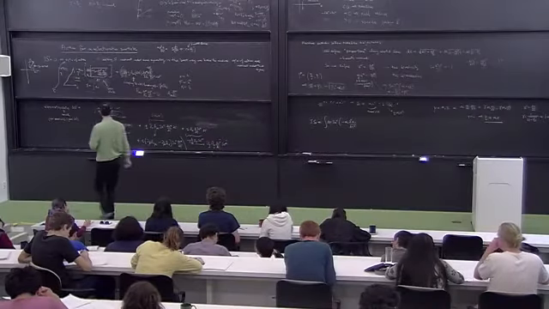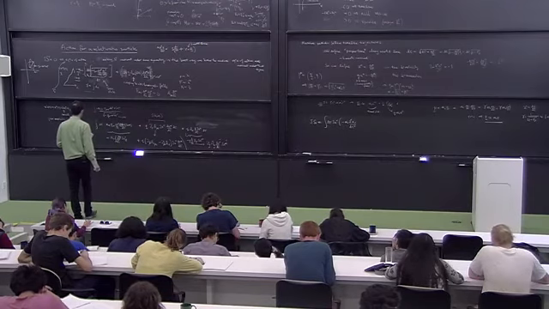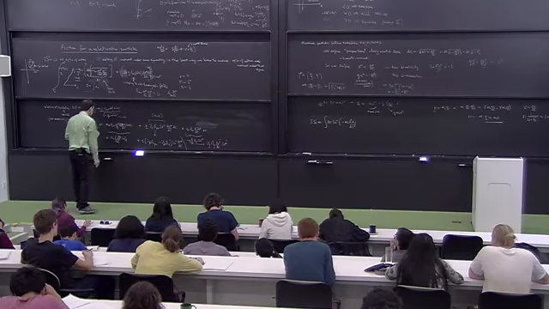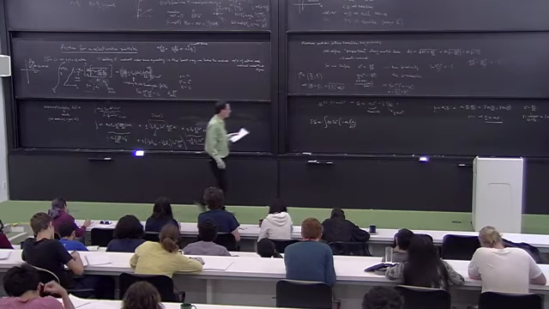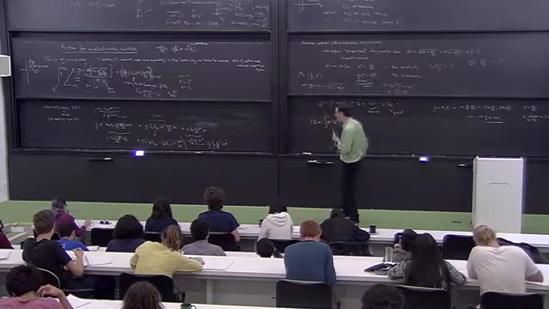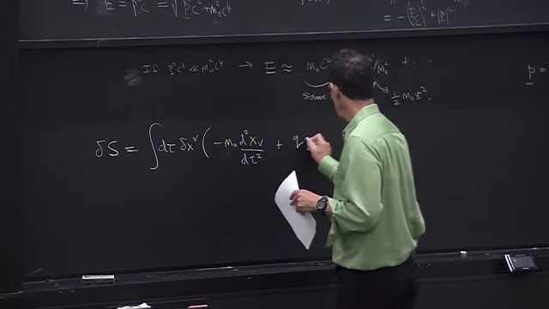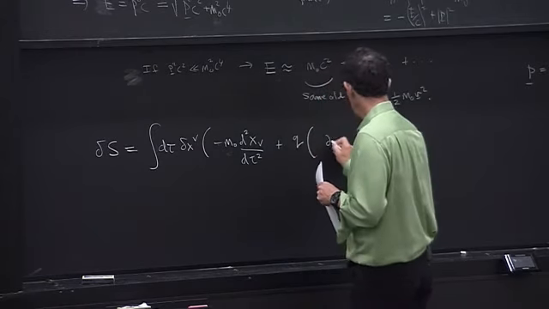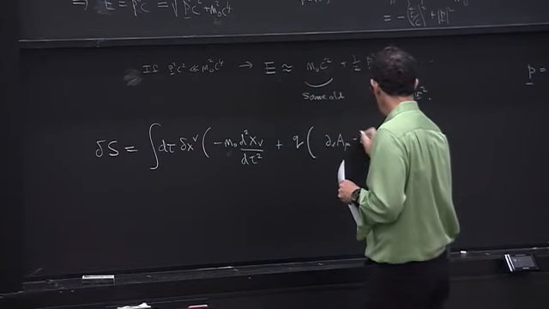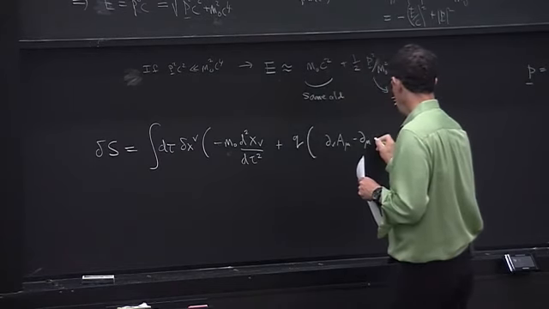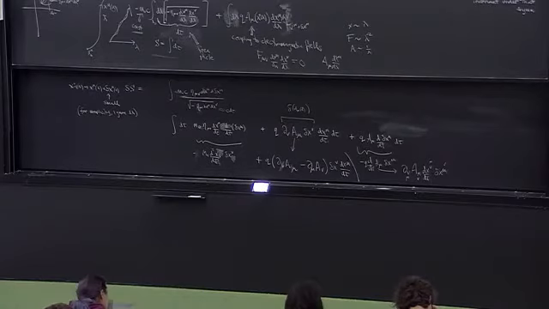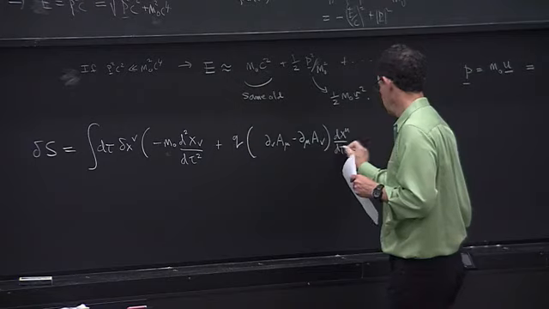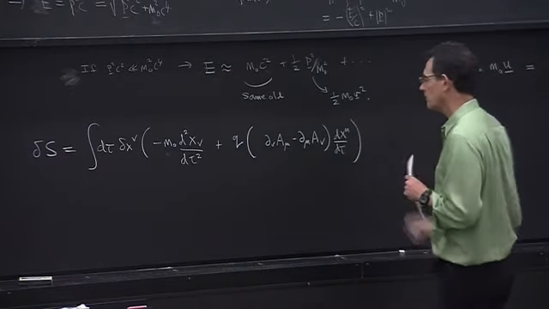Why did I put a minus there? Shouldn't be a minus, should there? No, there is. I'm sorry, integrated by parts. Yeah, there's a minus. And then I have this other term, q, d nu A mu minus d mu A nu, dx mu d tau. Okay?